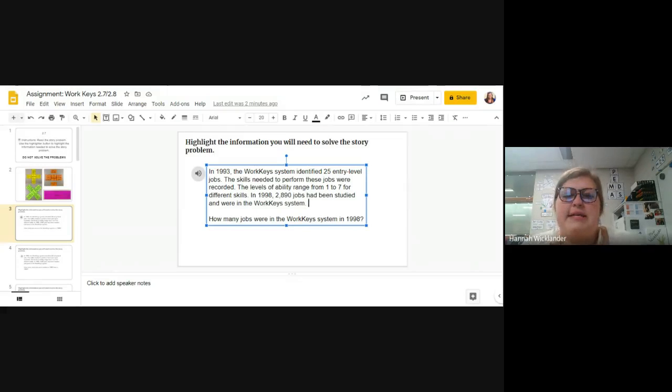Okay, so it says how many jobs were in the WorkKeys system in 1998? So I'm going to go into my story problem and see where it talks about 1998. So if I come to this last sentence, it says in 1998, 2,890 jobs had been studied and were in the system. So I'm going to come up here and I'm going to highlight 2,890 jobs.